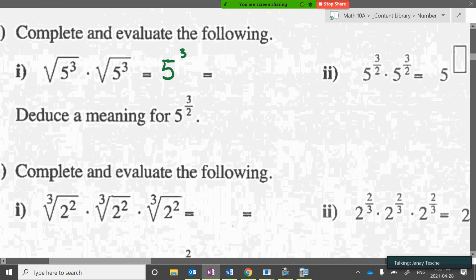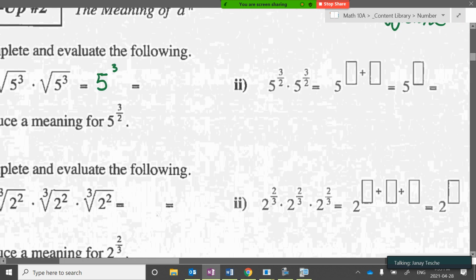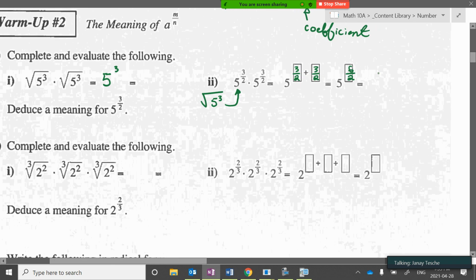So I'm going to leave it as 5 cubed. We can write the square root of 5 cubed as a fractional exponent of 3/2. The reason we can do it is that if I add those exponents, I get 3 over 2 plus 3 over 2, which gives me 6 over 2, and 6 over 2 I can reduce to 3.